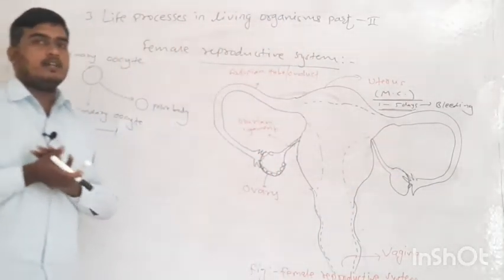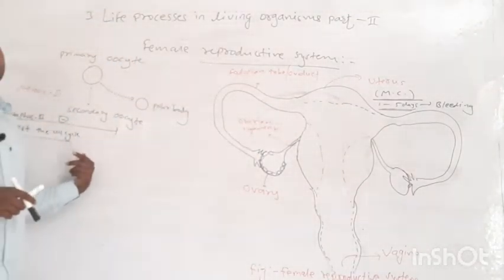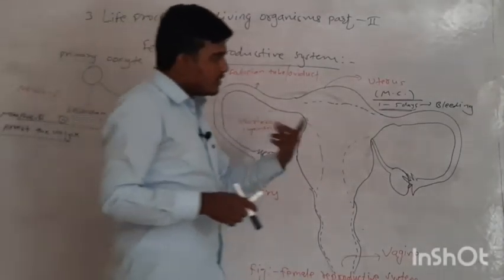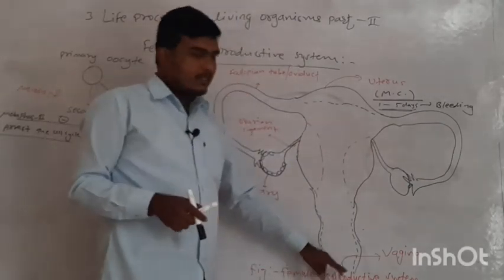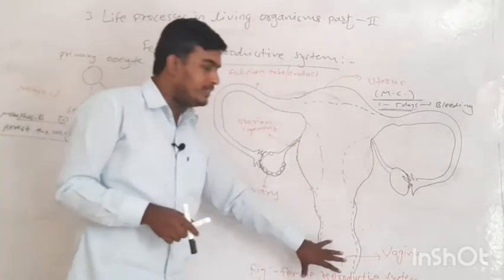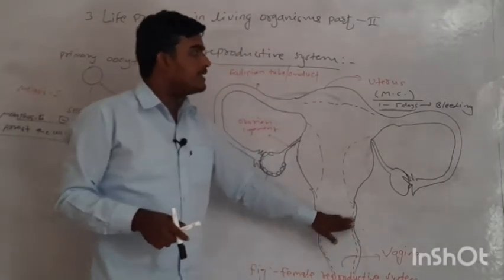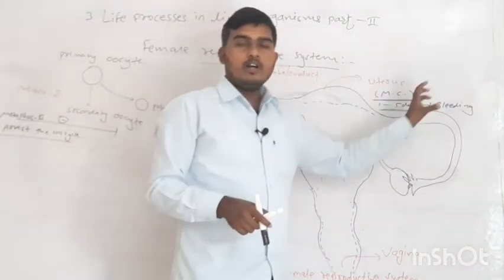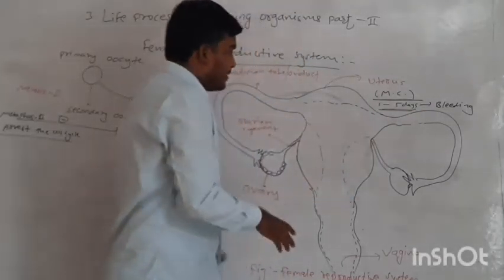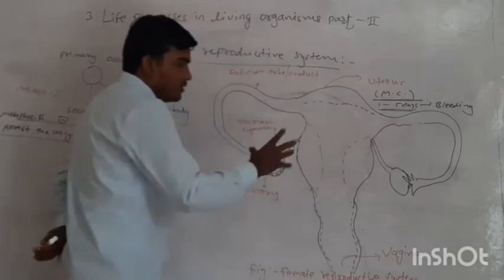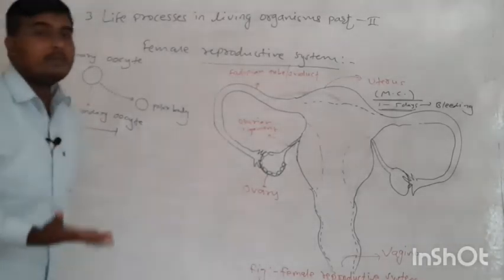These processes occur simultaneously because the menstrual cycle depends on the ovulation process. When a mature ovum is formed in the fallopian tube, at that time during sexual intercourse sperm enter the vagina and reach that particular ovum. If that ovum gets fertilized, the uterus performs one process, the formation of the endometrium on itself.